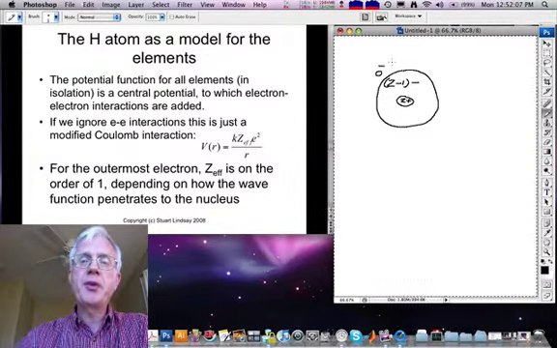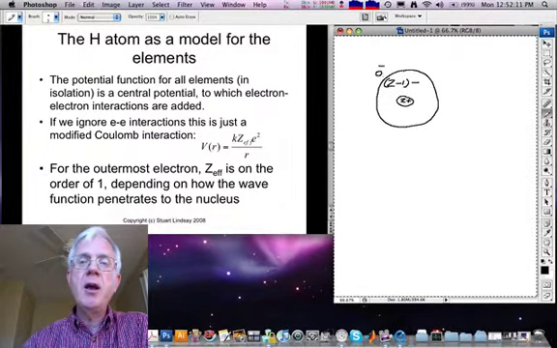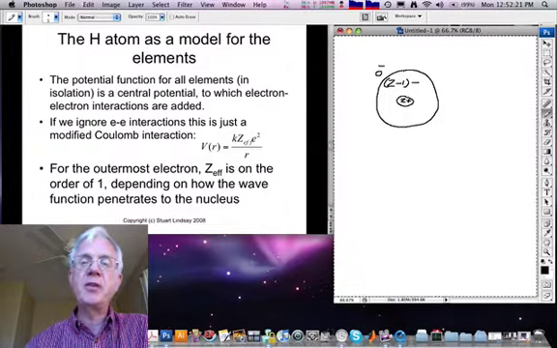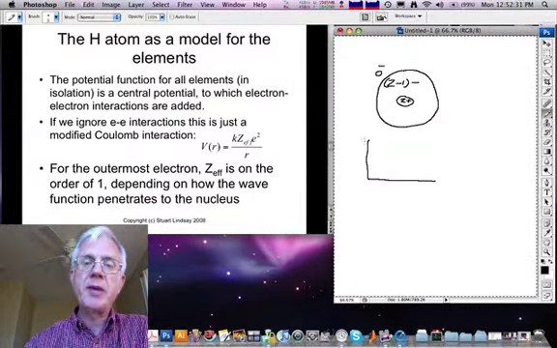So in this picture then, this still looks just like a Coulomb interaction between a negatively charged electron and an effective nucleus with a charge of just 1. Now this Z effective is not actually 1. We saw that the wave function of the electron does penetrate into the innermost part of the atom.